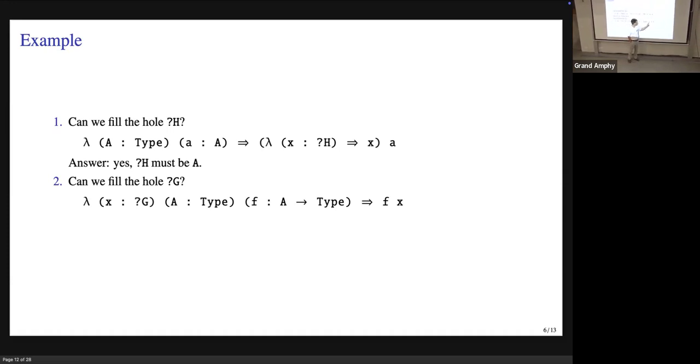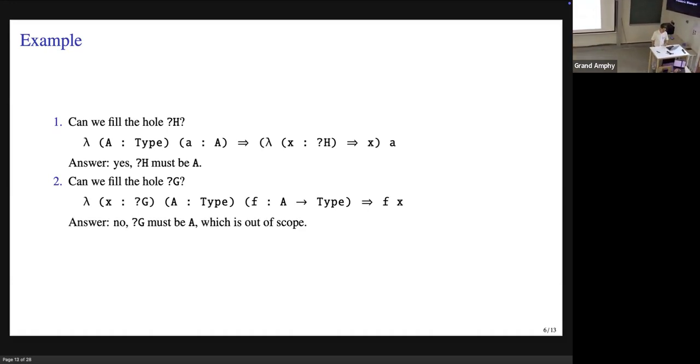F really wants something of type A, and X is of type question mark G. So if anything works, it's going to be A, but A doesn't work because it's out of scope, because it's a variable that we're not supposed to use. Okay, is that clear? So in this example, we have to say there is no solution.